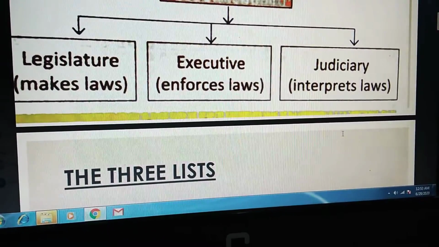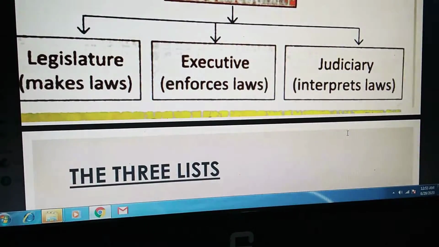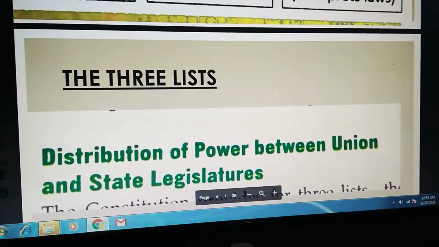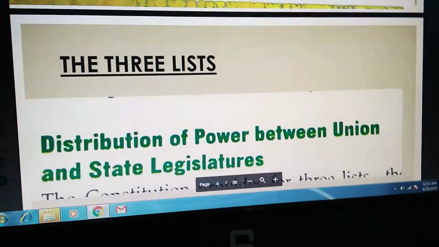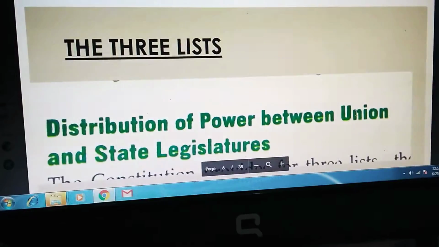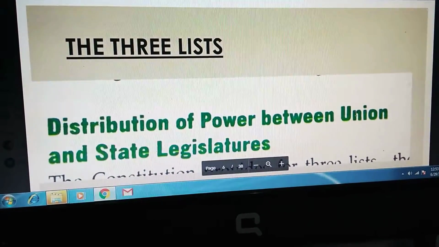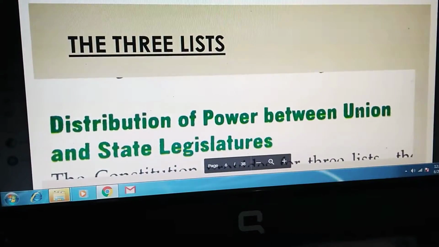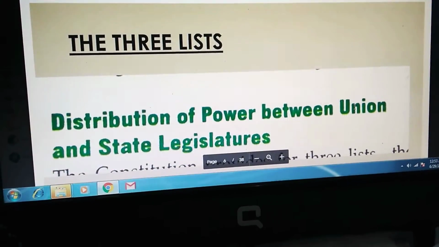Now, we will be talking about the distribution of power between union and state legislature. We have, children, the central government, the union government, that is sitting at the center and governing us: the prime minister, the president, the prime minister's council of ministers. Then we have the state legislature, because India is a vast country.